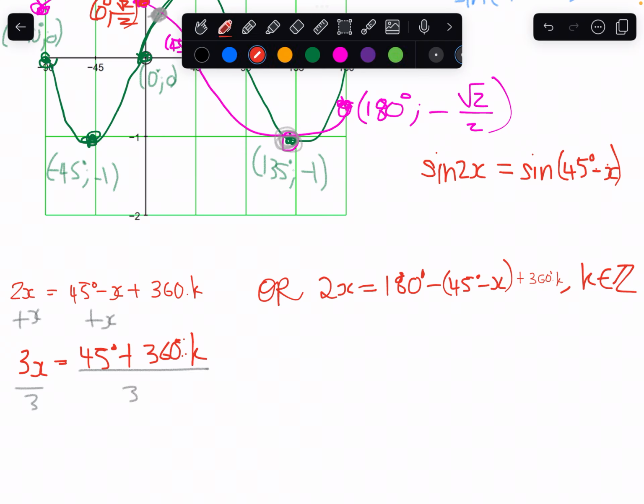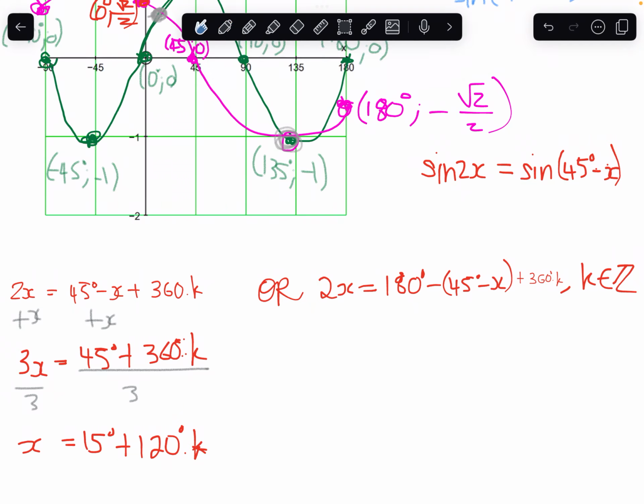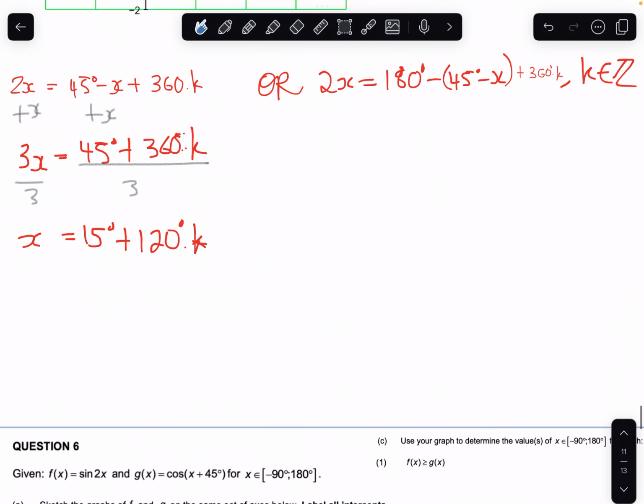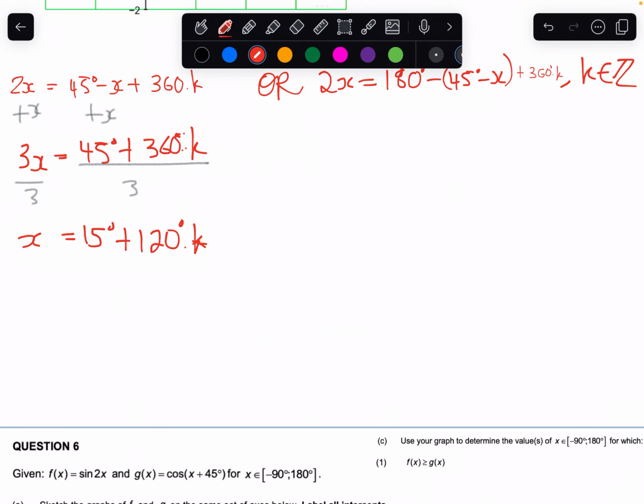So then we have x is 15 degrees plus 120 times k. Okay, and we are specifically looking for solutions between -90 and 180. Okay, so this is the general solution.